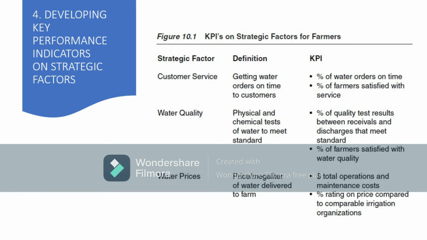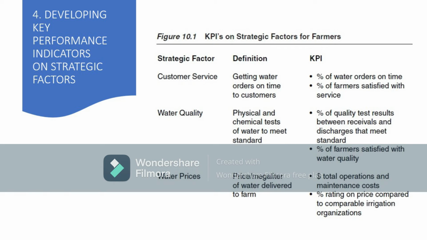Water quality is defined as physical and chemical tests of water to meet standard. Again, there are 2 KPIs related to that definition. The first is percentage of quality tests between receivables and discharges that meet standard. Results on this measure are derived from the chemical and physical testing of the water between the time it is taken from rivers to the time it is discharged into farms.